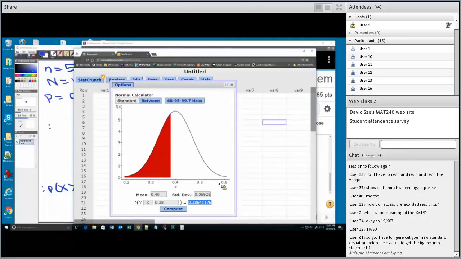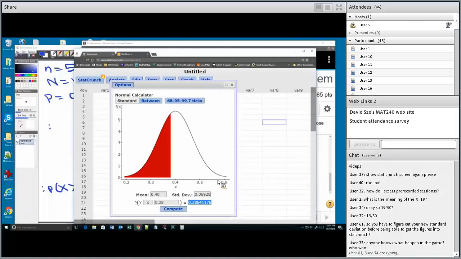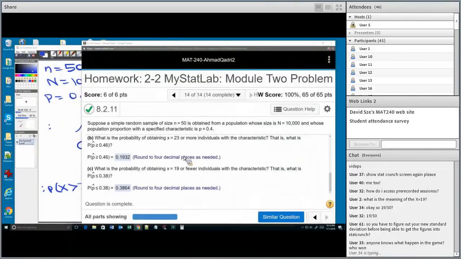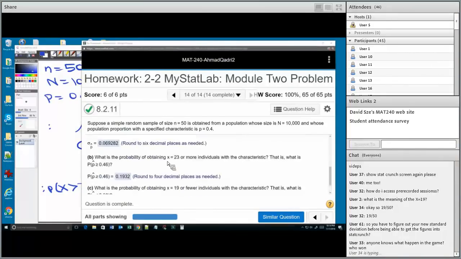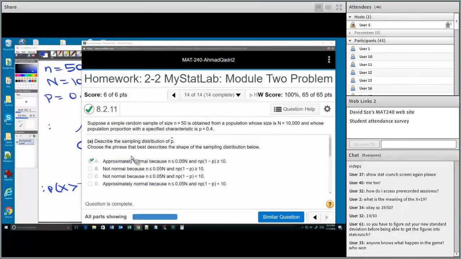Okay, Cheryl is asking, so you have to figure out your new standard deviation. Yes, every time the problem is asking, like in this case, absolutely. For proportions, yes, you always have to transform. Well, in this case, you're not even given the standard deviation, right?